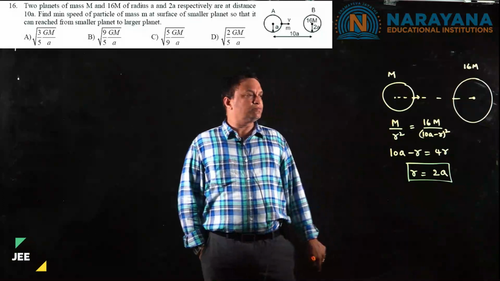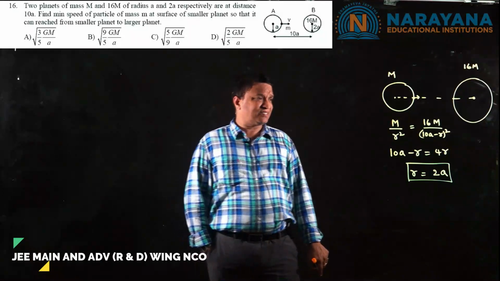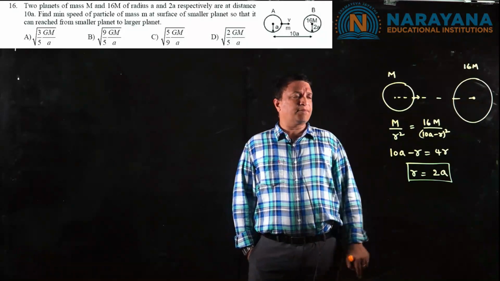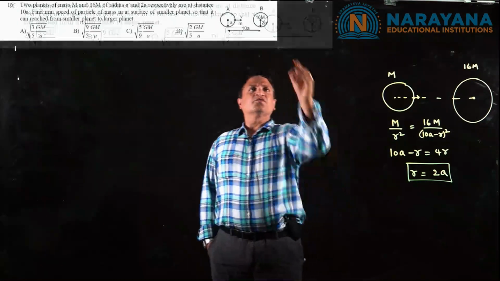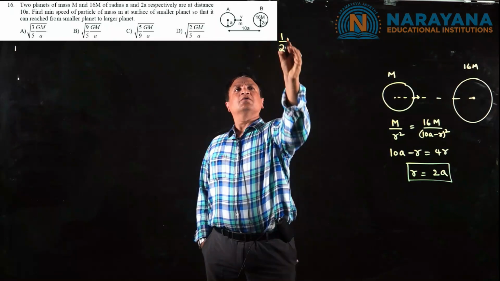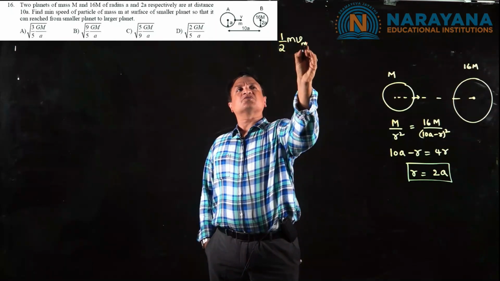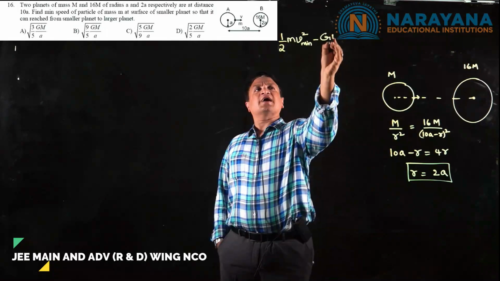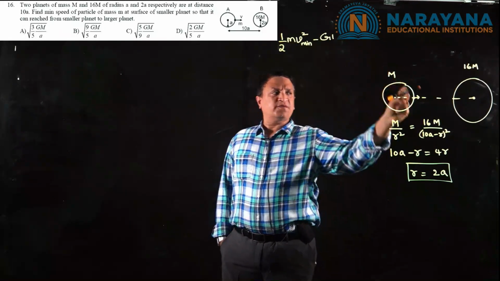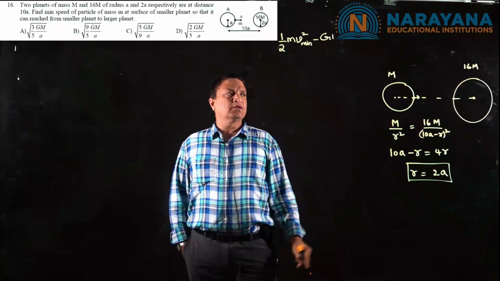And number 2, in this case, try to see energy conservation is also involved. So half m v minimum square minus G, you are projecting it from here, don't forget that.